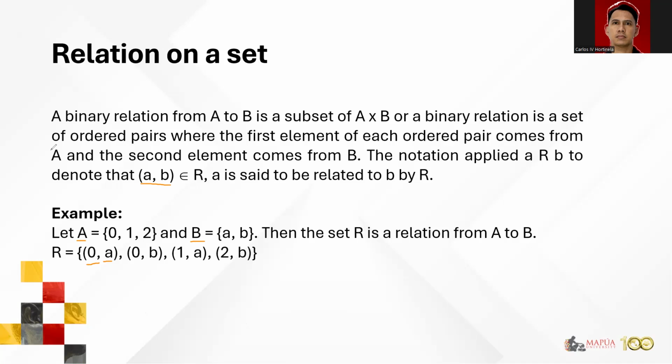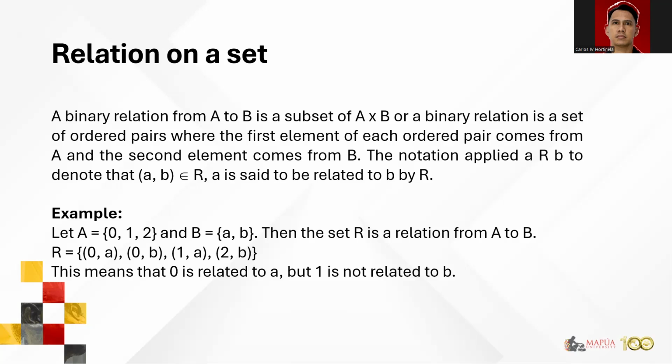However, you will note that only ordered pairs that satisfy your given property are the ones included in your relation set. Meaning, if that relation set contains a particular ordered pair, like for example, 0, comma a, this means that 0 is related to a. However, since your relation set does not contain 1, comma b, therefore it means 1 is not related to b.